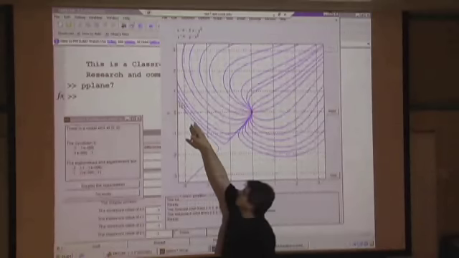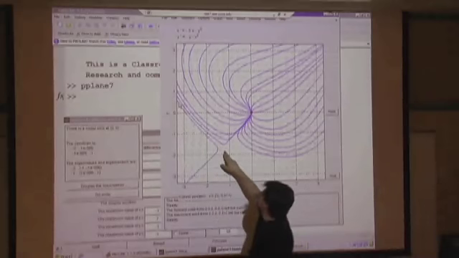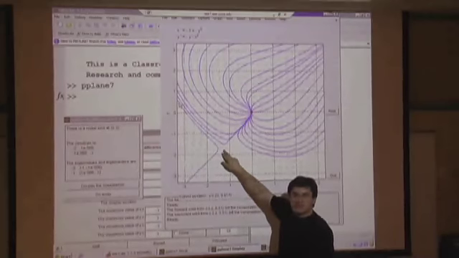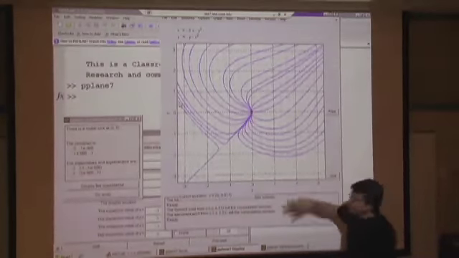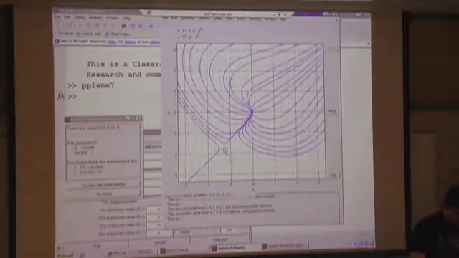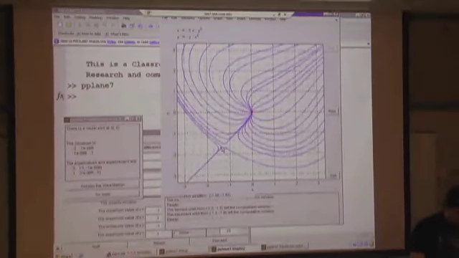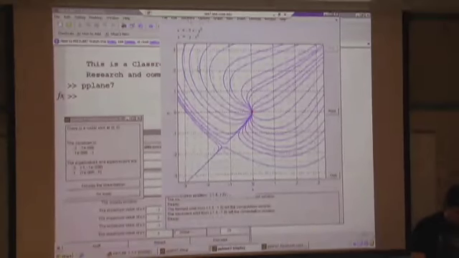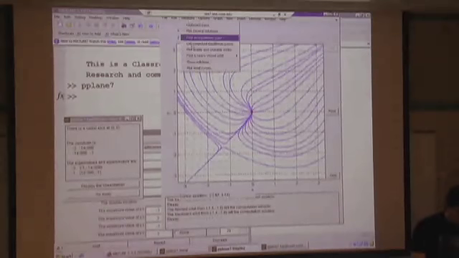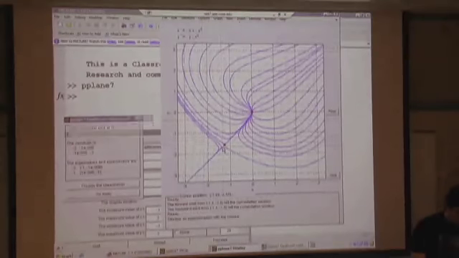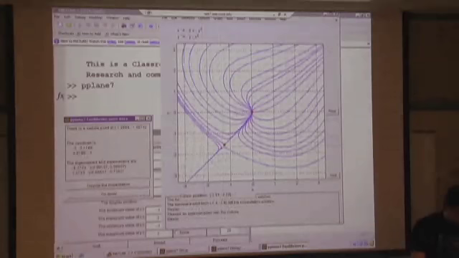It turns out there's another equilibrium here, which obviously is not stable. It has a positive and a negative eigenvalue, so it's a saddle.